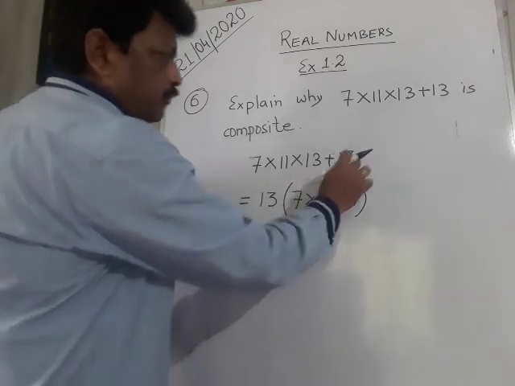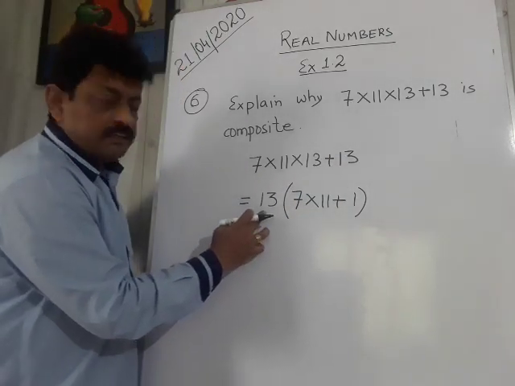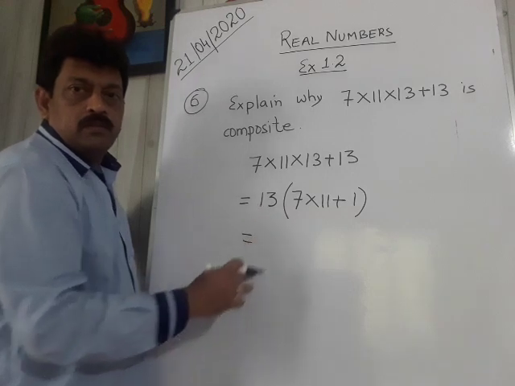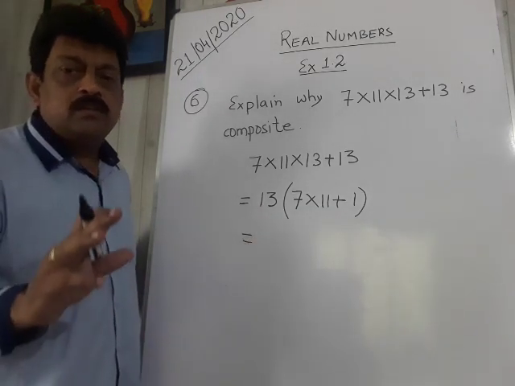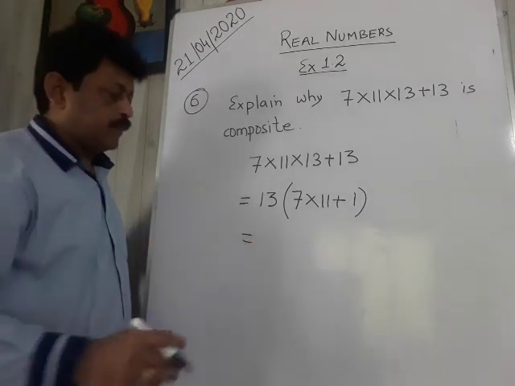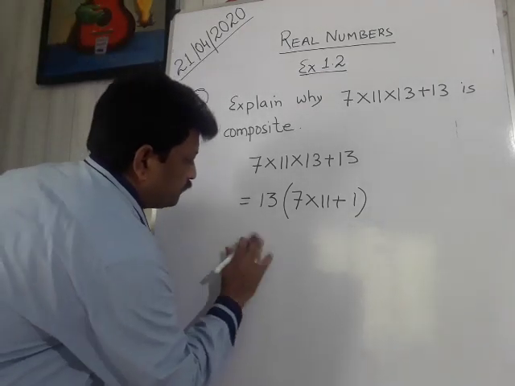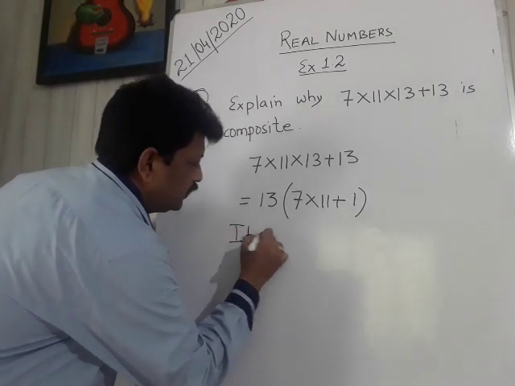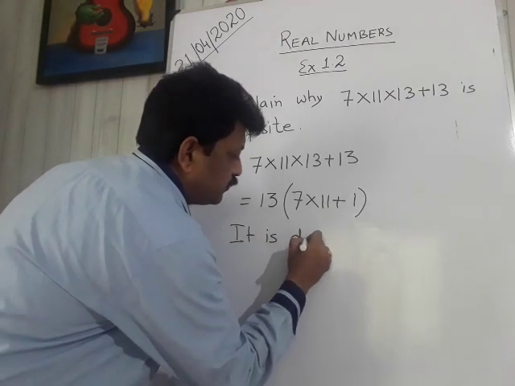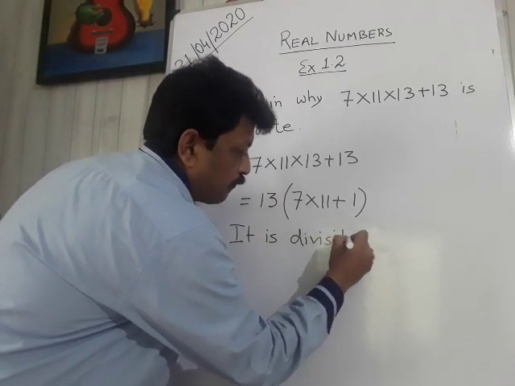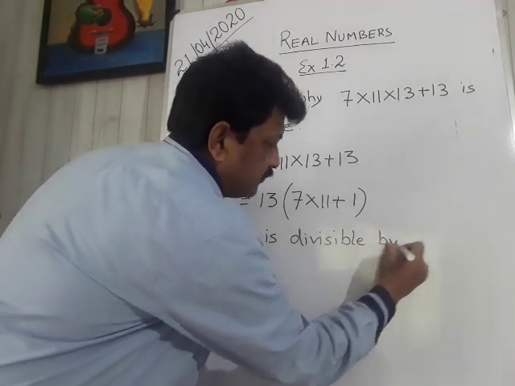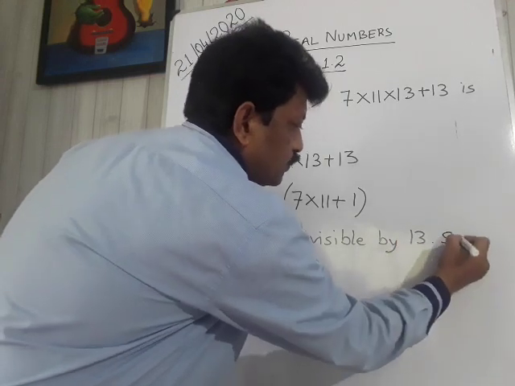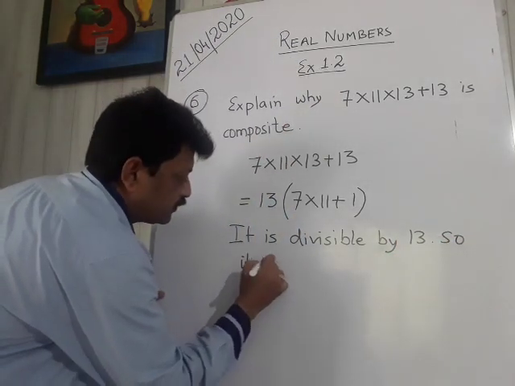So here the given number is divisible by 13, so it is composite.